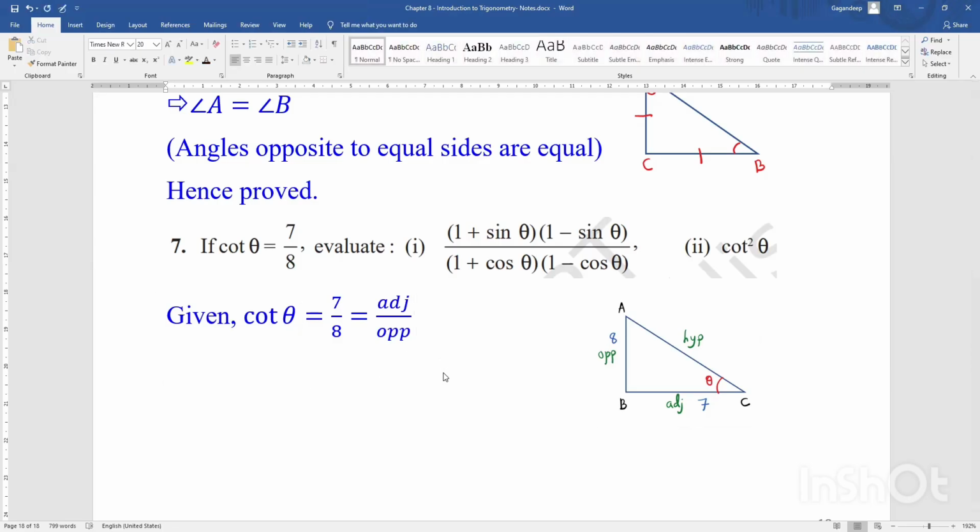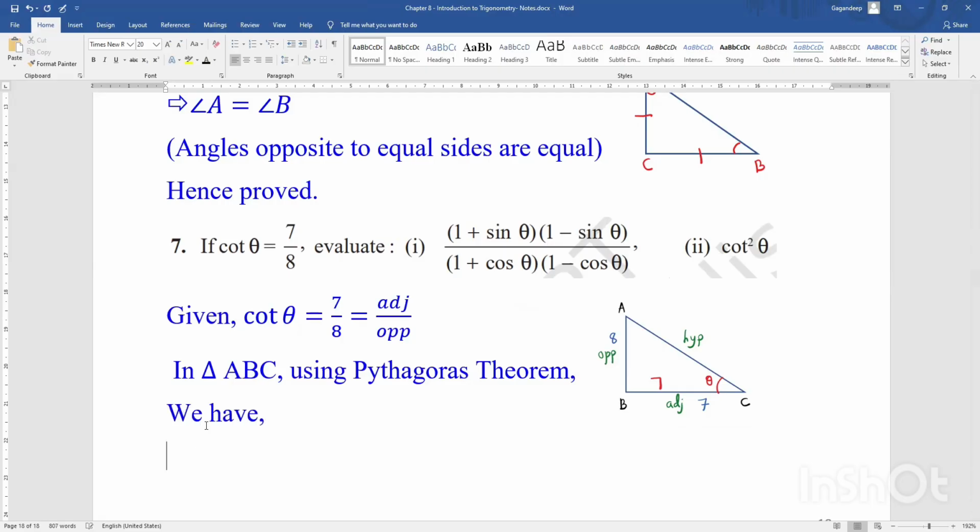Okay, so now in triangle ABC using Pythagoras theorem, we have AC square is equal to AB square plus BC square.